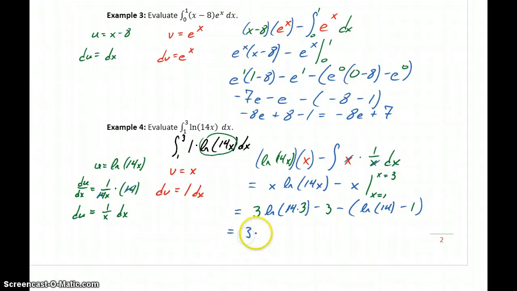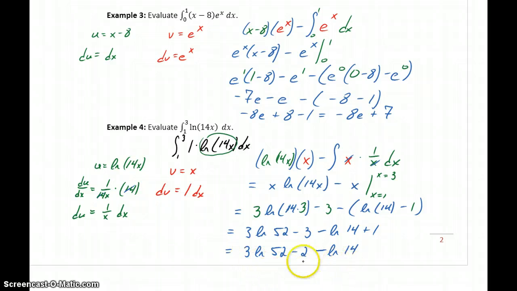So we get 3 times the natural log of 52, minus 3 plus the natural log of 14 plus 1, or 3 times the natural log of 52 minus 2 plus the natural log of 14. Or actually that should be a minus if we're distributing that negative through.